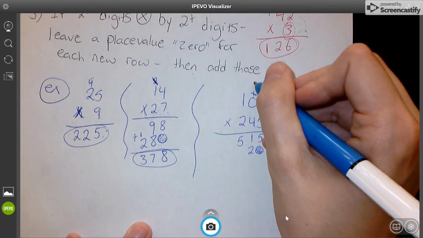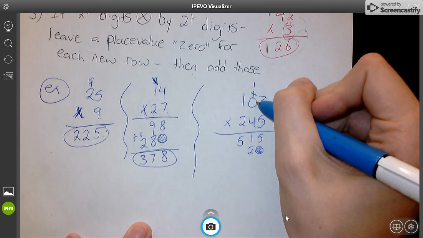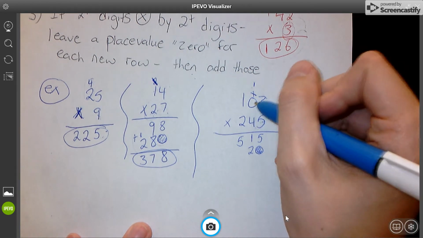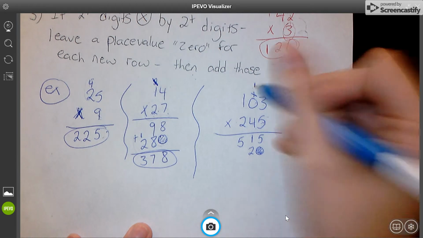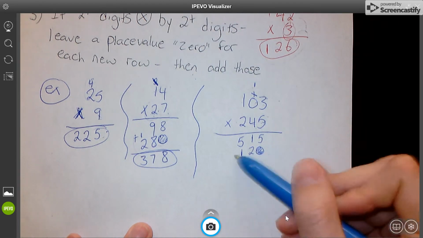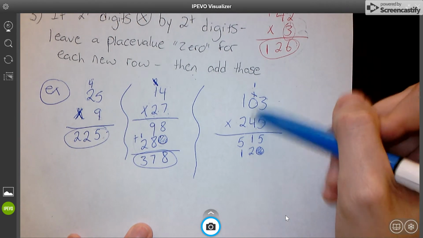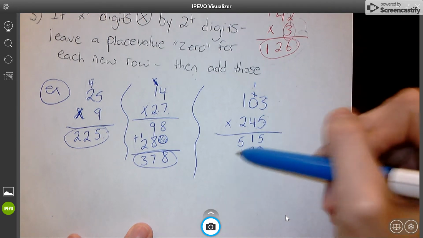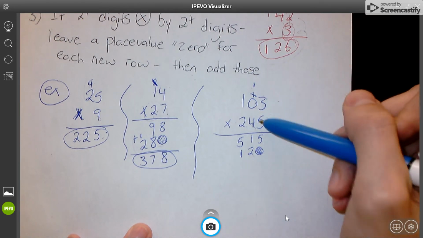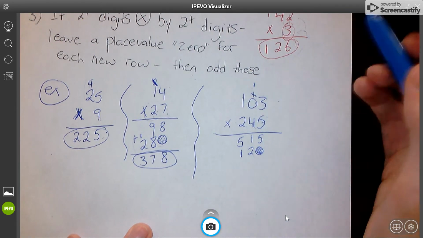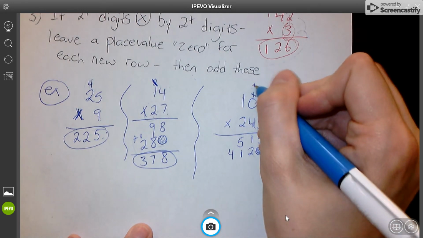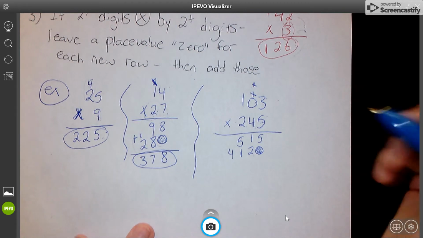Now when I carry, it still goes up above this 0 because I haven't done the 4 times 0 yet. 4 times 0 is 0, plus 1 is 1. So I'm just filling it out, moving from left to right. But it does get confusing because you start working further ahead than what you're multiplying by. That's because you have to leave that black hole 0. Okay, 4 times 1 is 4.